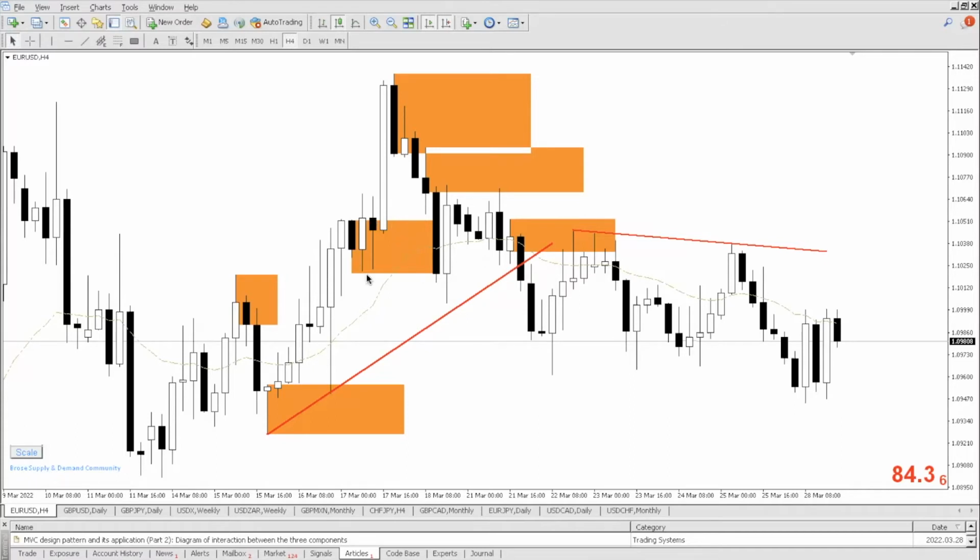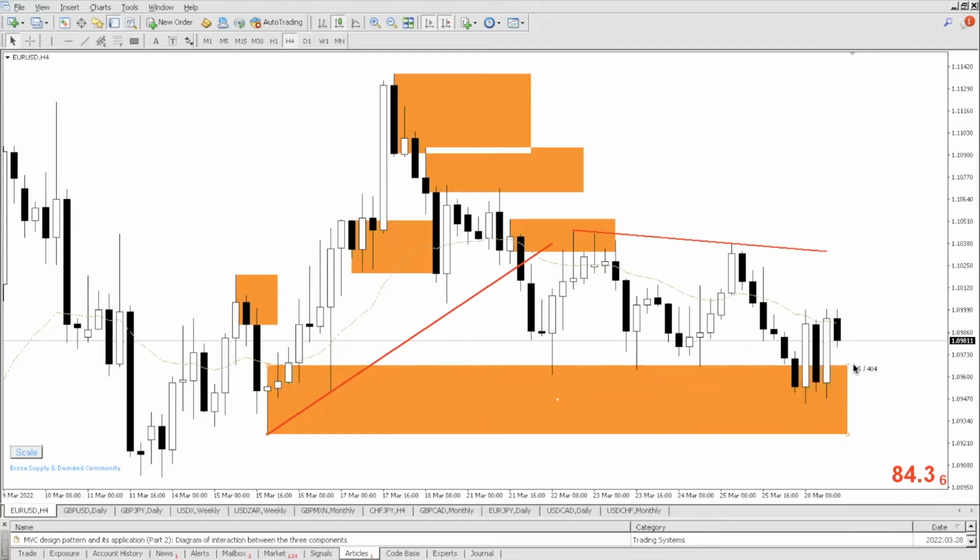Why? Because it eliminated this demand. Now, the only demand that is available is this bottom one. I can draw it like this, this bottom one. So if price removes this one, the valid area now is here. I expect price to fall further down to the bottom here. Okay.